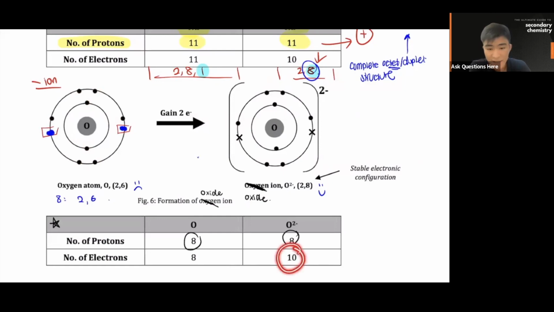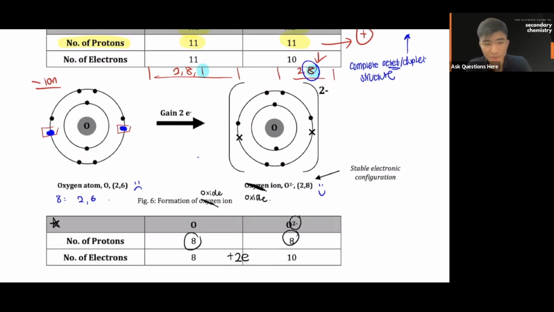And there's a gain of 2 electrons, plus 2 electrons. Now, you must not confuse plus electrons with plus charge, okay? If I add 1 electron, the charge becomes negative by 1. I don't become positive because I gain an electron. Electron is negative. So if I add 2 electrons, then I will have a 2 minus charge.